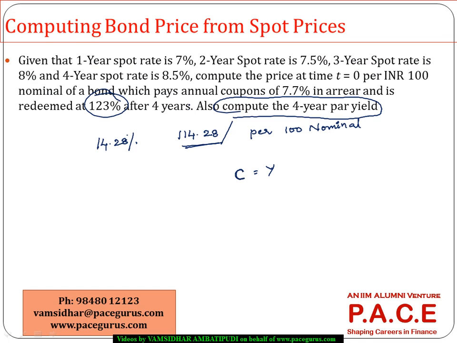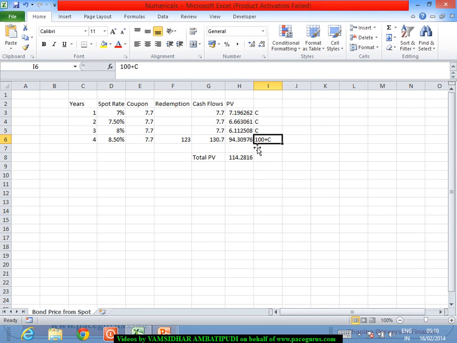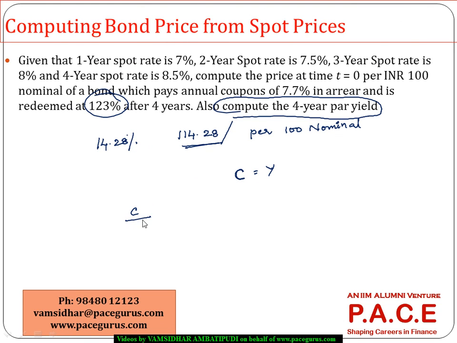When we talk about a par yield, I am looking at redeeming it at the par value, and what is the coupon that comes out in this process: all C's and 100 plus C. So the expression is C by 1 plus R1, plus C by 1 plus R2 squared, plus C by 1 plus R3 cubed, plus 100 plus C by 1 plus R4 to the power 4.